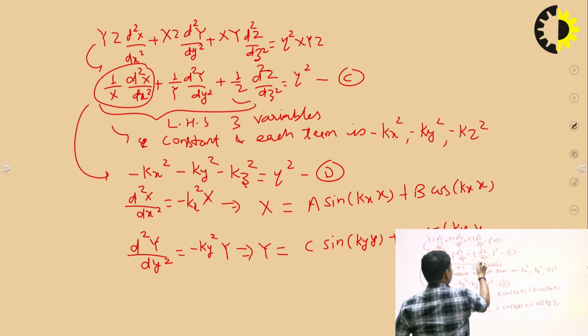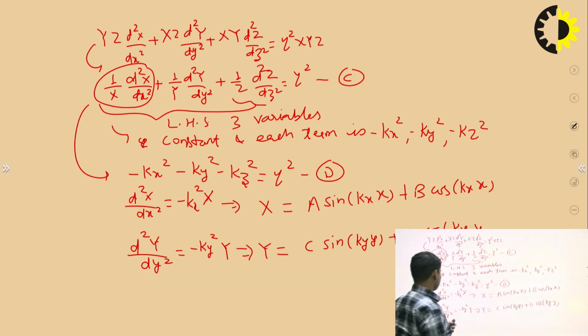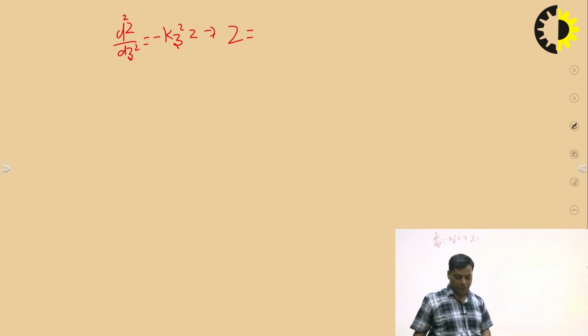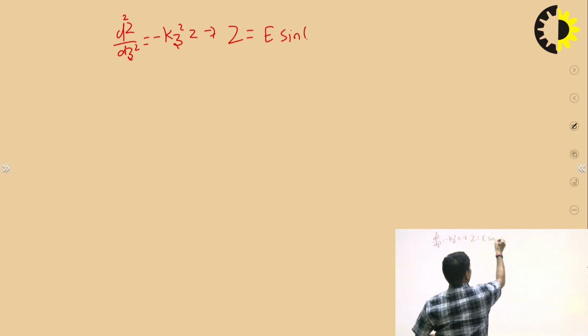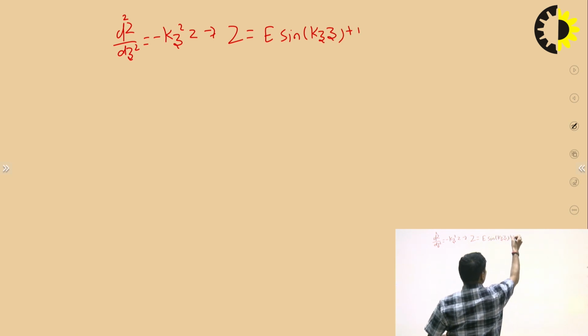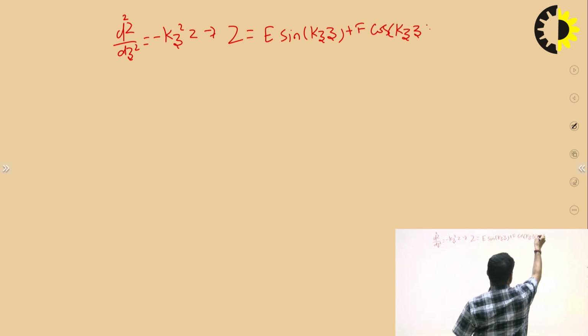Similarly for the third one, d square z upon dz square is equal to minus k z square z. So the solution for this variable z will come out from the CF and PI as e sin kz into z plus f cos kz into z.